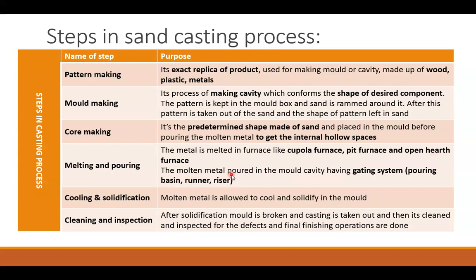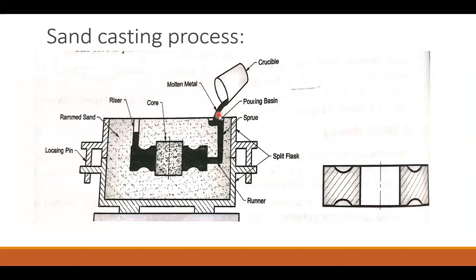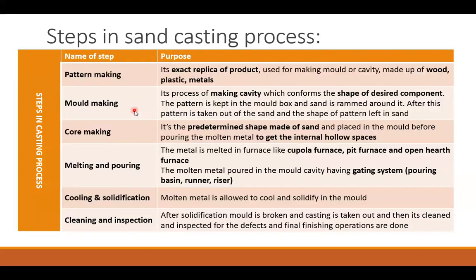This molten metal is poured inside the mold cavity having the gating system consisting of pouring basin, runner and the riser. So here we are pouring the molten metal with the pouring basin, sprue and the riser. Pouring basin, sprue and the riser together are called a gating system.